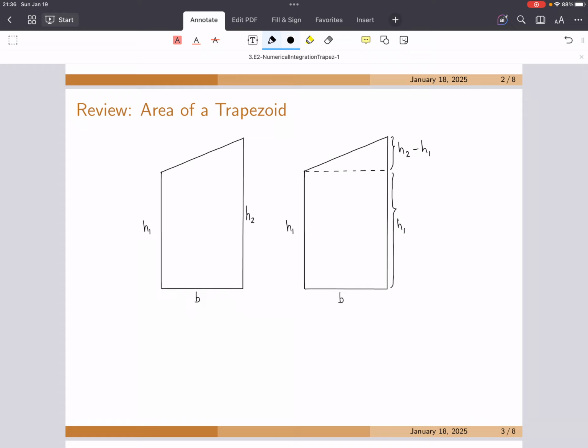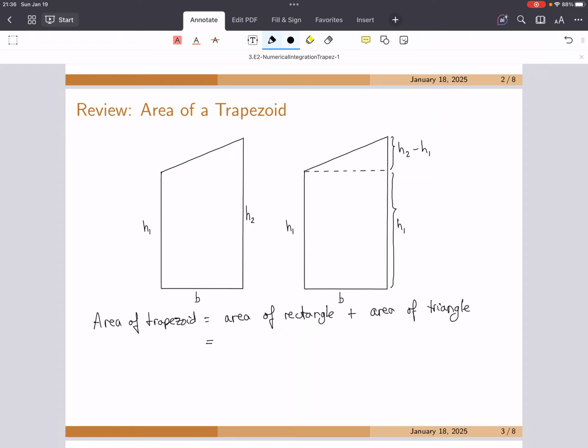So now, the area of this trapezoid is going to be the area of the rectangle plus the area of the triangle.